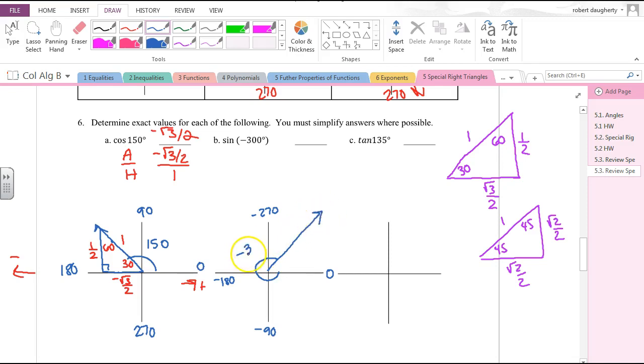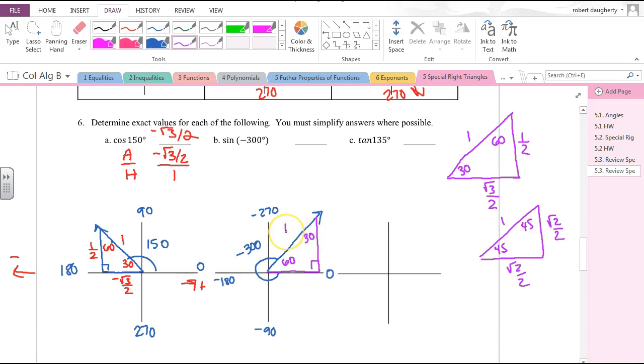So that's negative 300. My central angle and the triangle that I draw will be right here. It's always with the x-axis. You never draw it on the y-axis, okay? So if this is negative 300, how much further to make that revolution? That has to be a 60-degree angle, and that is a 30-degree angle, okay?